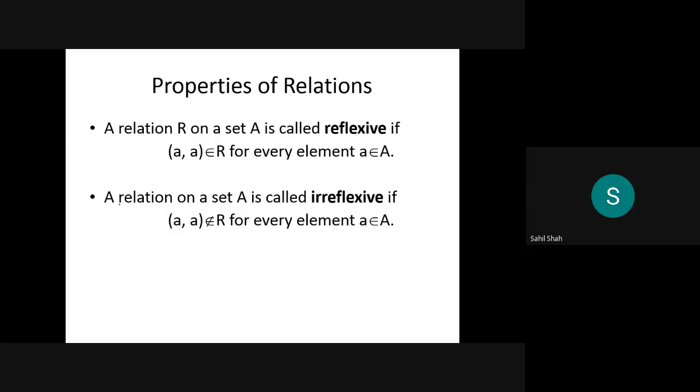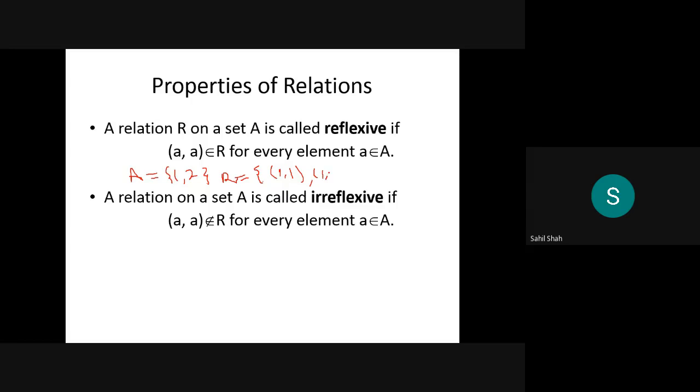Are you ready? So if I take a set A, let us say set A is having elements. I hope this is now visible. Look, set A is having elements 1 comma 2, and I am defining a relation R. Relation R is comprised of elements like (1, 1), (1, 2).